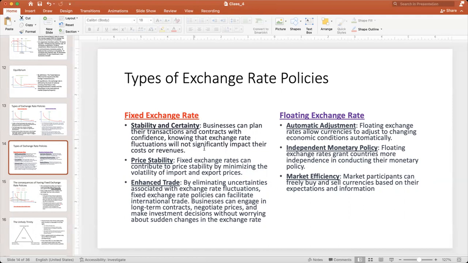Because in the fixed exchange rate, the monetary policy is only used to stabilize the exchange rate. However, in the floating exchange rate, the monetary policy could be used for different objectives that we are going to cover in a few minutes. And the third benefit is market efficiency. Here, the price of our currency will show the expectations and information of the market, which is better than a fixed exchange rate.